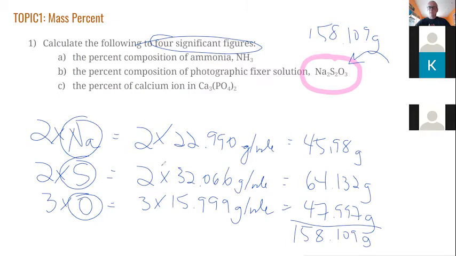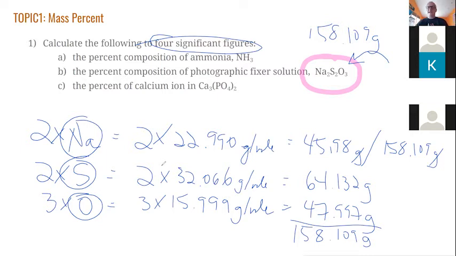For sodium, you would take 45.98 and divide that by 158.109. Remember, when you have grams on the top and grams on the bottom, they cancel out. So you should have just a ratio, a unitless expression.